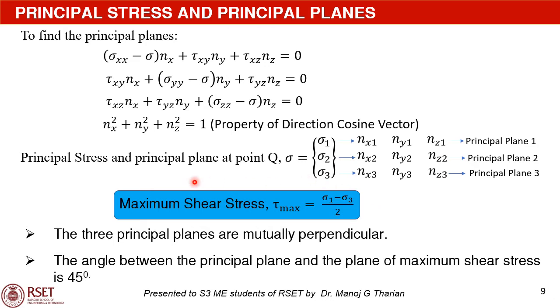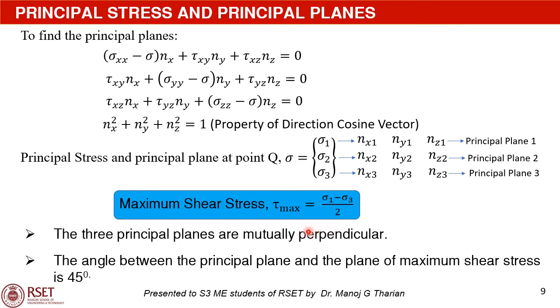As I have already told you, sigma 1 represents the maximum normal stress at point Q for a given state of stress, and sigma 3 represents the minimum normal stress at point Q for a given stress state. The maximum shear stress at point Q is given by tau max is equal to sigma 1 minus sigma 3 divided by 2.